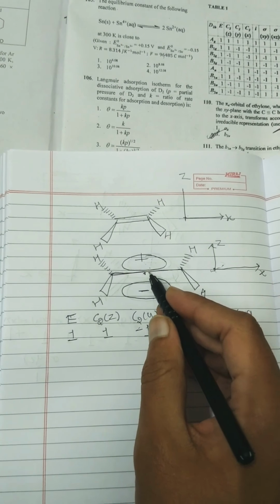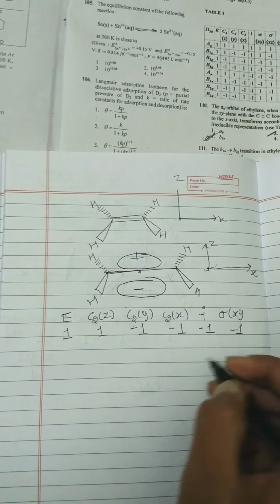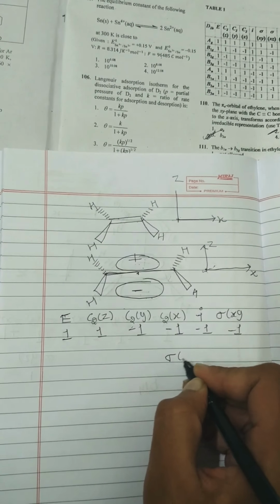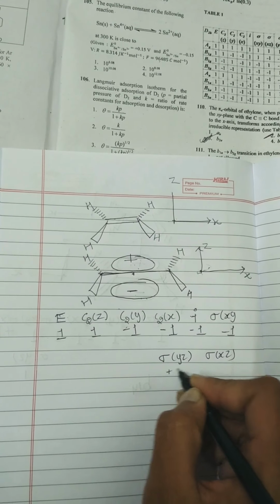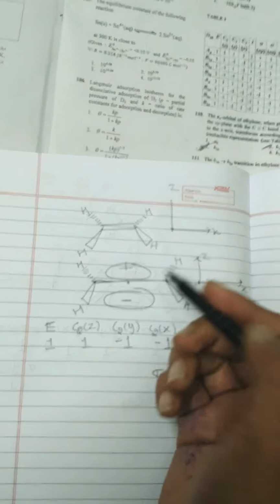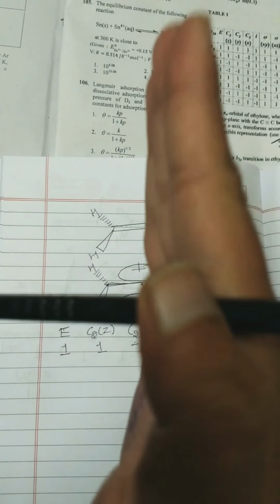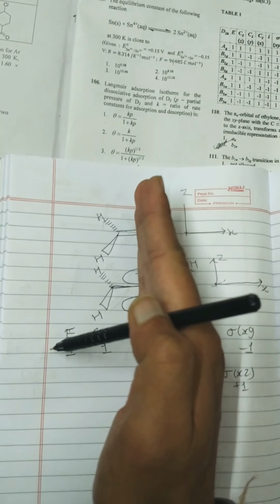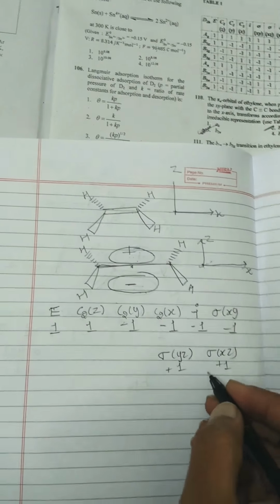So it reflects the plus lobe here and the minus lobe here, so it will also be minus 1. Sigma yz and sigma xz both have the plus 1 value, as you can see, because the xz plane is this, so this will not reflect and the sign will not change, and the yz plane is this. In this case also there is no change in sign.